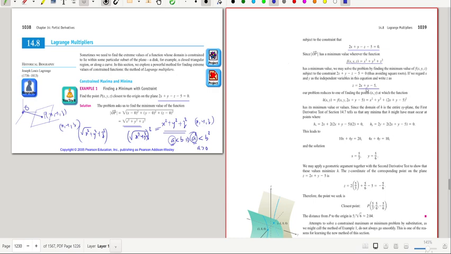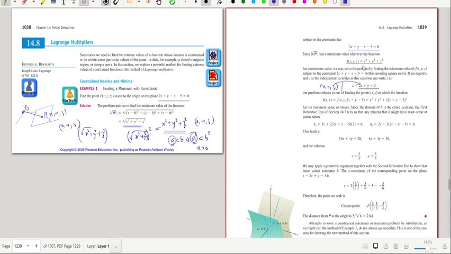The set of all x, y, z with this condition gives the plane. So we need to consider all the points on the plane whose distance is minimum. So we substitute, this is an arbitrary point of the plane, and for this z we can write 2x plus y minus 5.